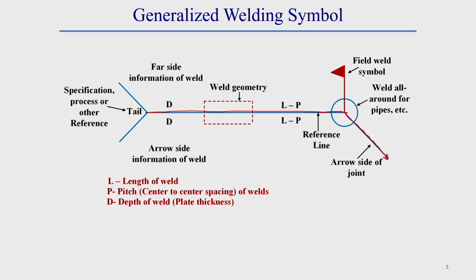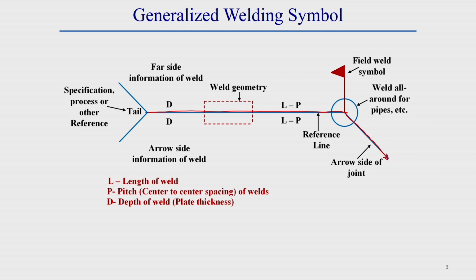The reference line is the main requirement for a welding symbol. In this reference line there are two sides, one is the bottom side and the other is the top side. The bottom side is called the arrow side, and the top side of the reference line is called the far side.